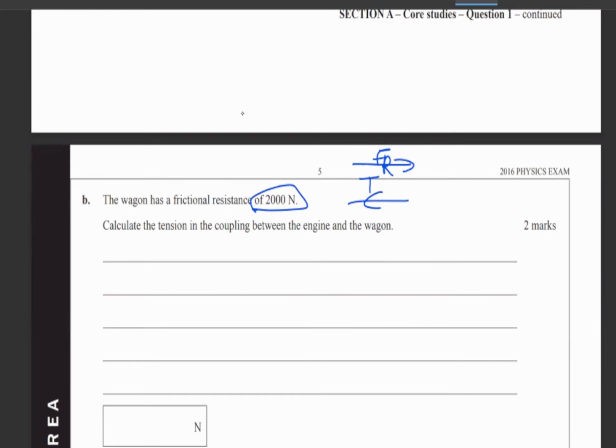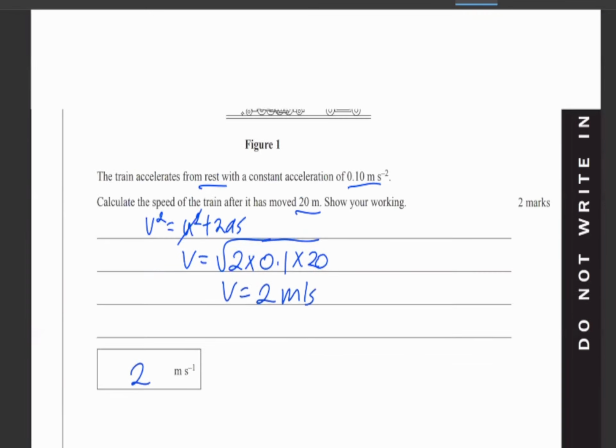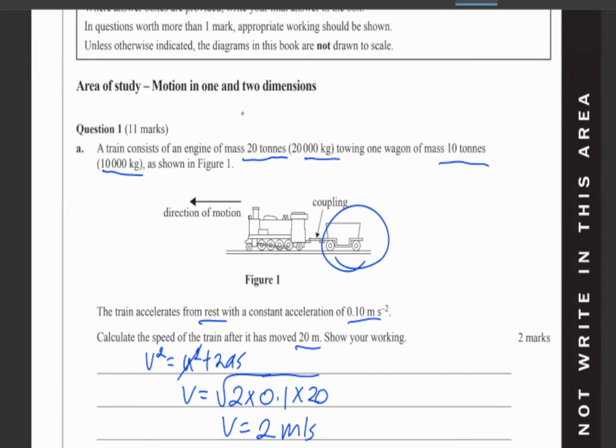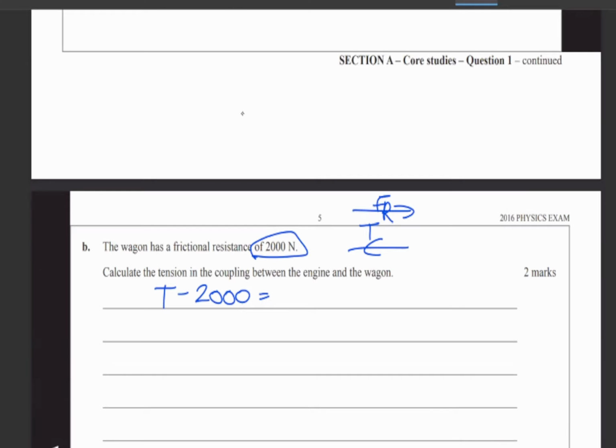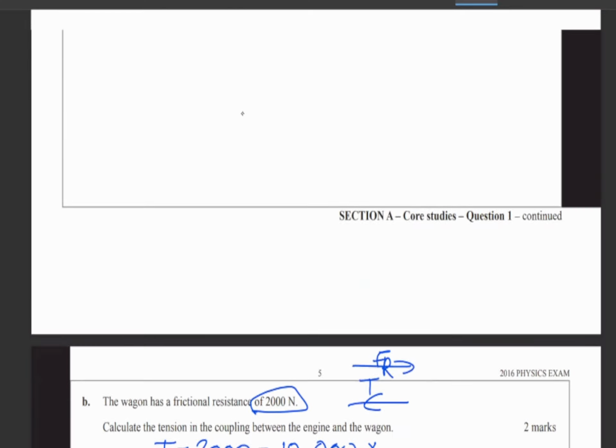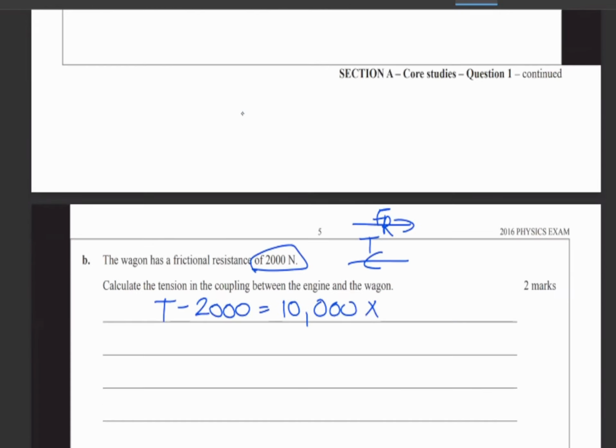So then tension minus 2000 equals F net, which is, we're looking at the wagon, which is this thing, 10 tons, so 10 times 10 to the power 3, and we know the acceleration is here, so that equals 10 to the power 3 times acceleration 0.1.